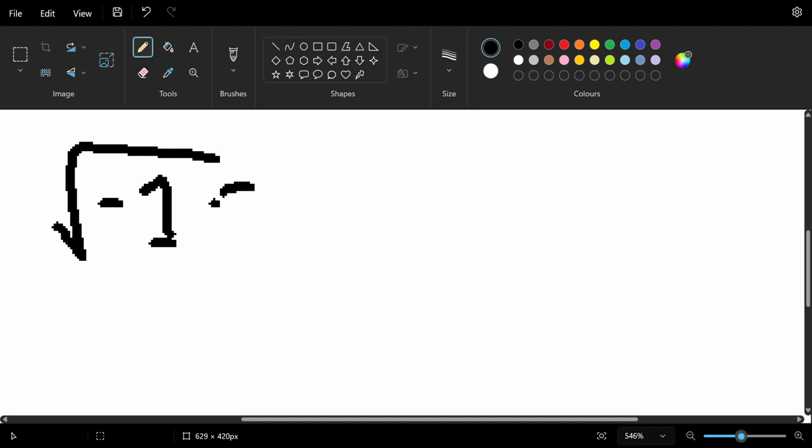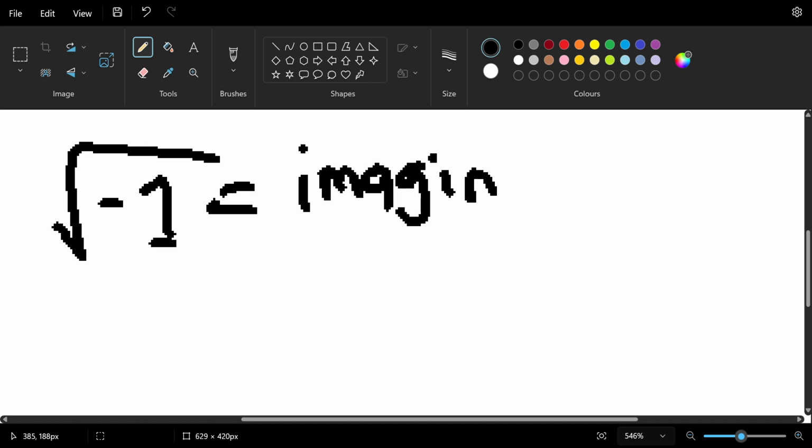We defined the square root of negative 1 as an imaginary number.